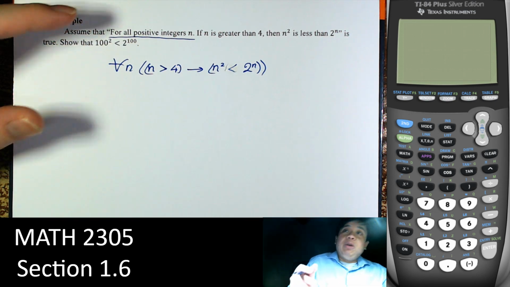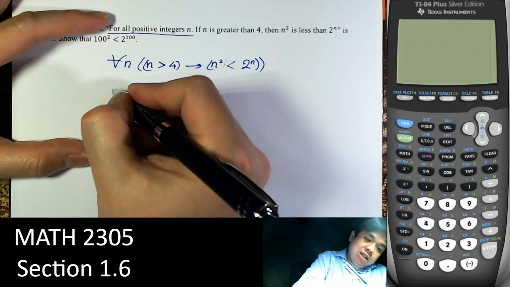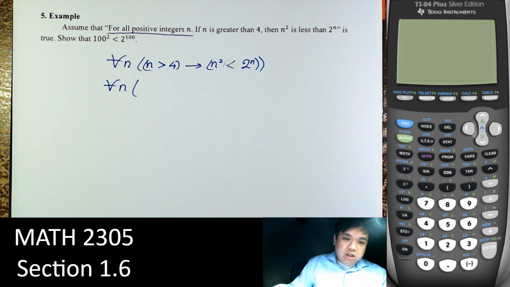Now let's rewrite this like the problem with Socrates in the beginning. For every n, n greater than 4, so we just replace this.